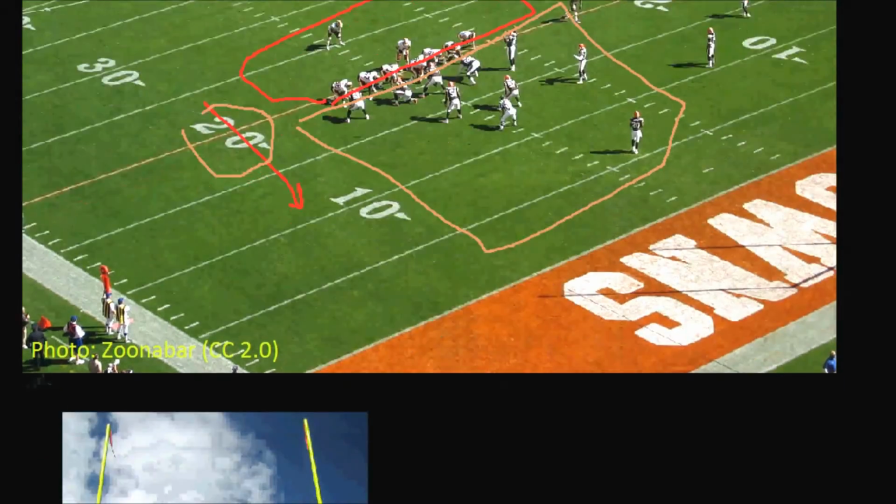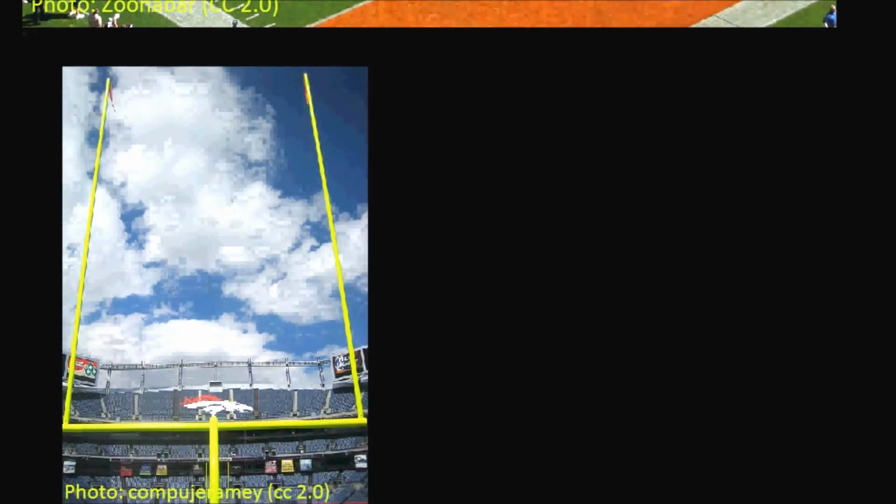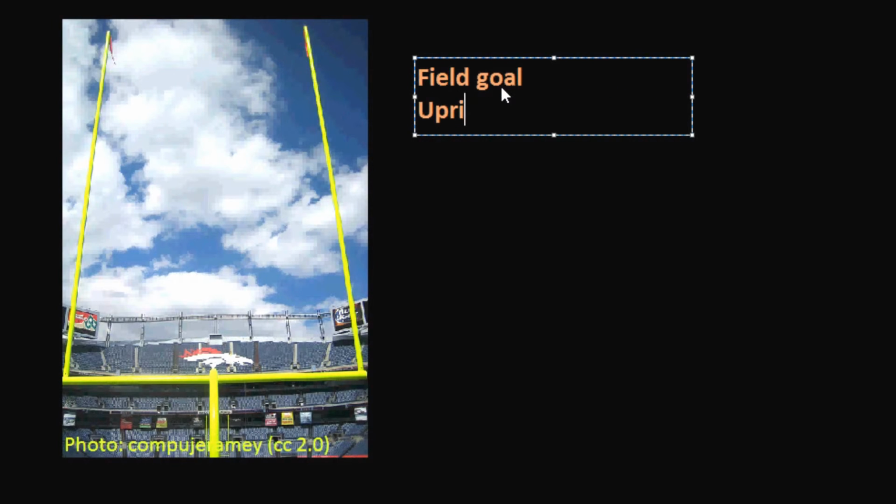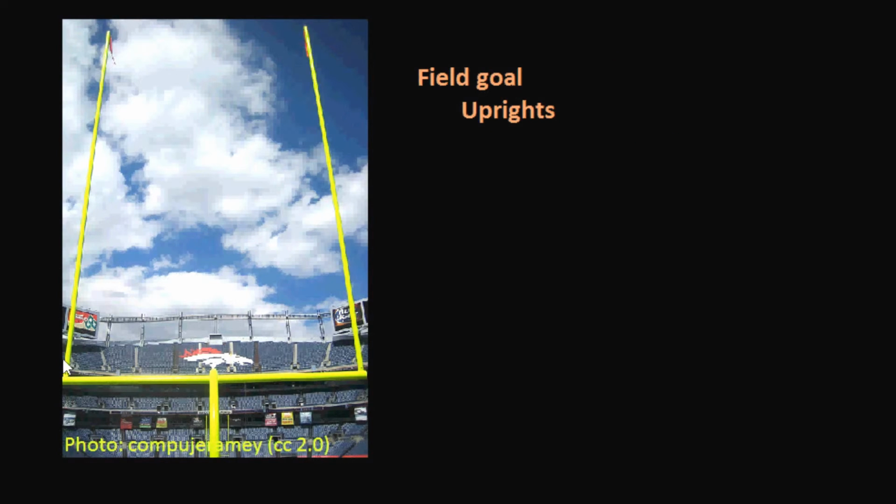And then one last thing to point out, and those would be the field goal uprights, usually just called the uprights. I guess you wouldn't call it a field goal. Field goal is what happens when you kick the ball through it. The uprights are at the end, in the back of each end zone.